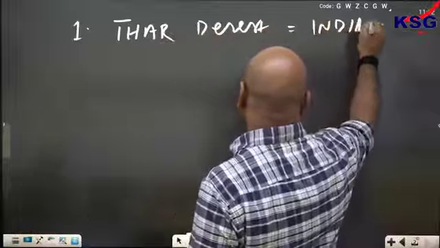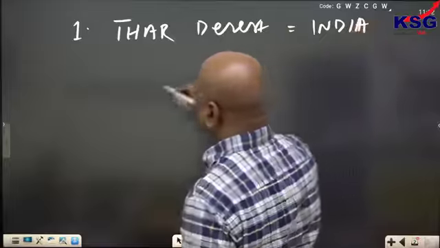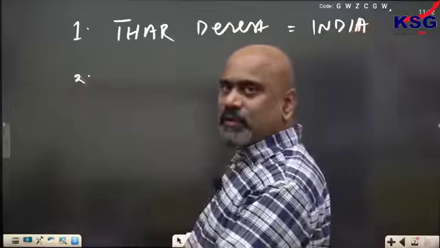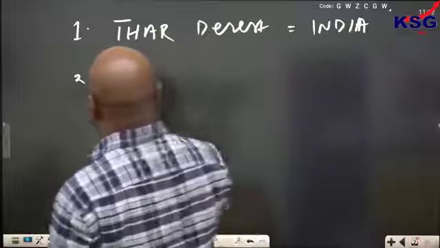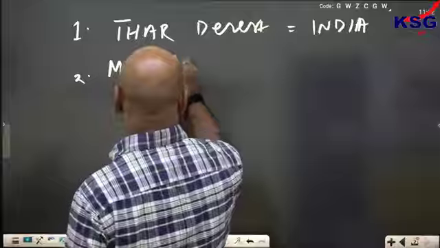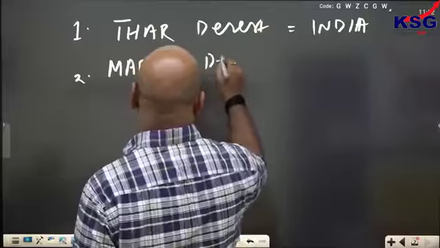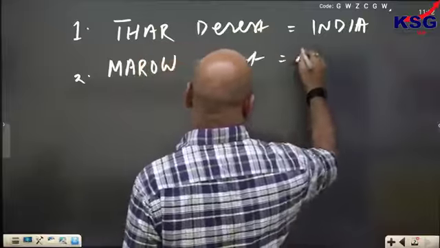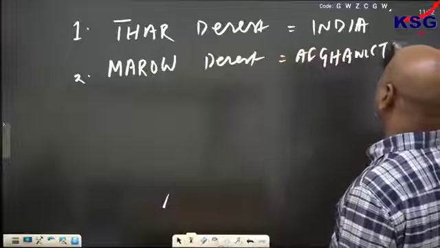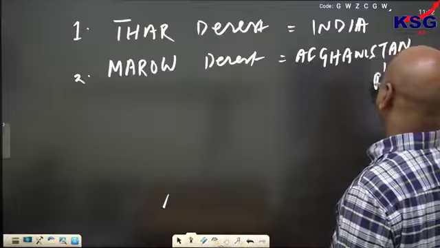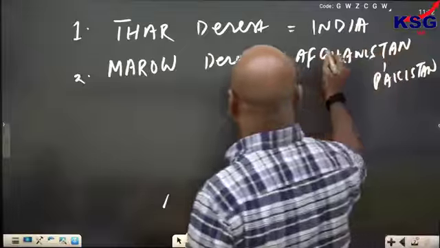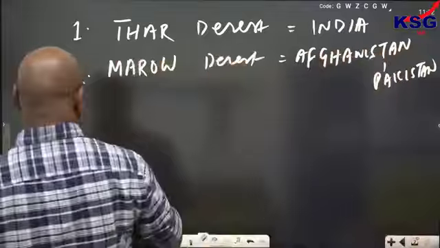Then we have the Margov desert. It is in Afghanistan and Pakistan border. You can see the Margov desert on the Afghanistan-Pakistan border.